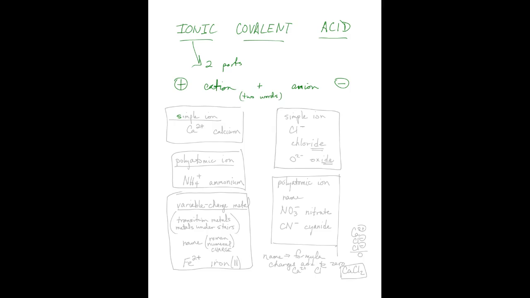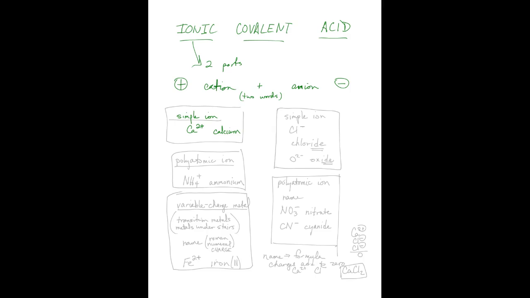So there's three kinds of cations we might deal with. A simple ion. So we might have calcium ion, which we look at the periodic table and decide it's 2 away from a noble gas going to the left, so it's a 2+. And we would simply write calcium. So that's all we do, just write the name.